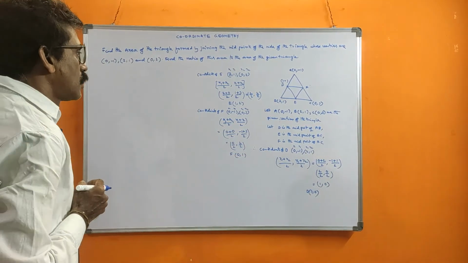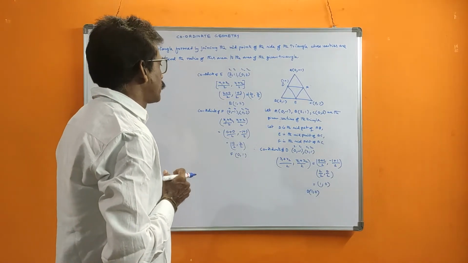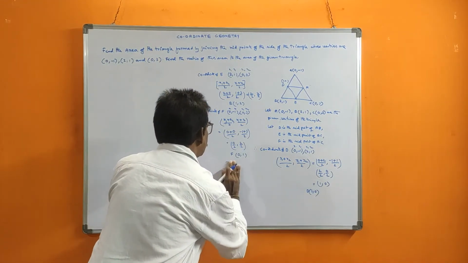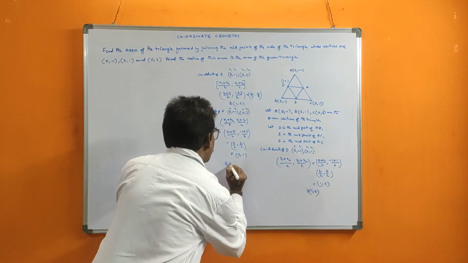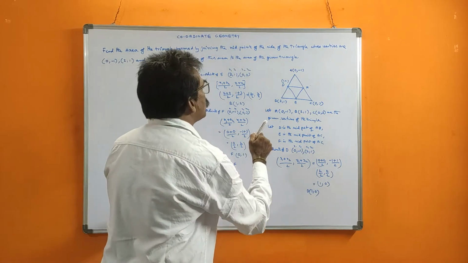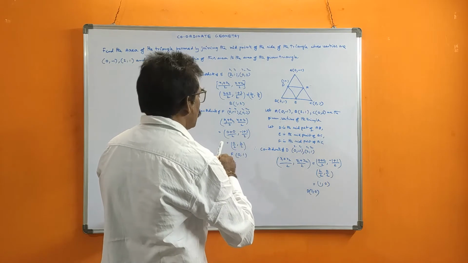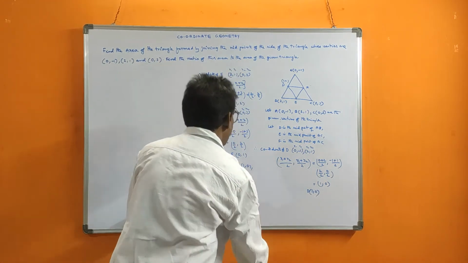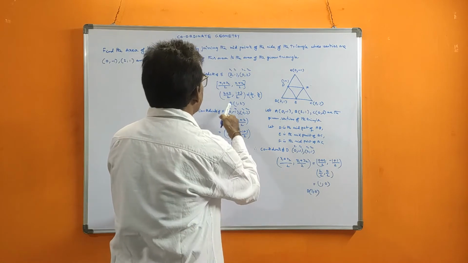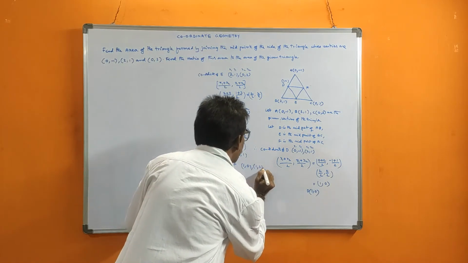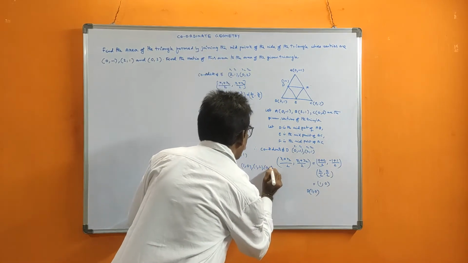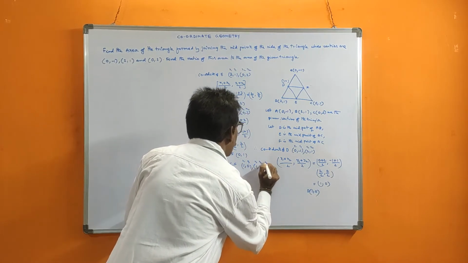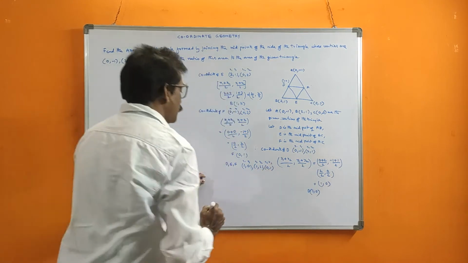Okay. Once you got D, E, F points: D is (1, 0), E is (1, 2), F is (0, 1). These points only are there, x1 y1, x2 y2, x3 y3, right?